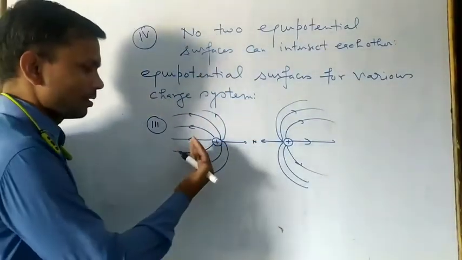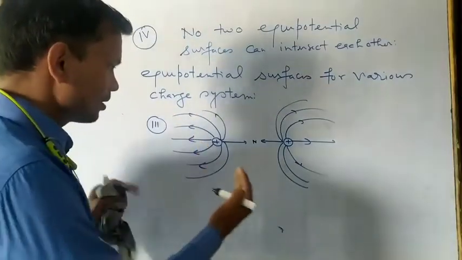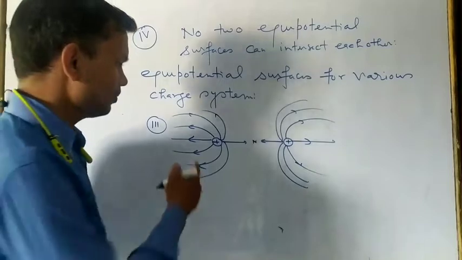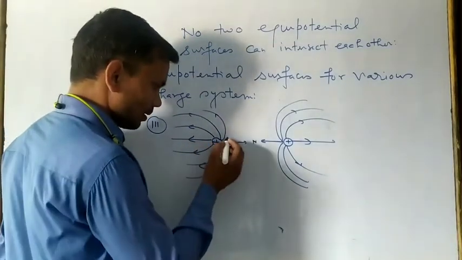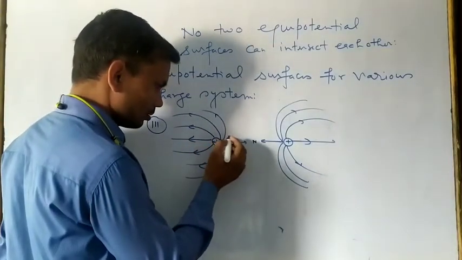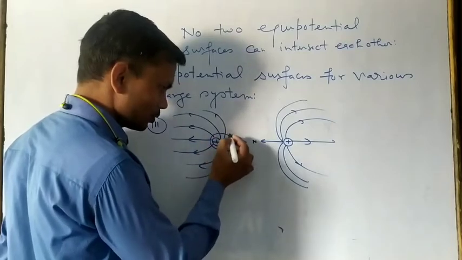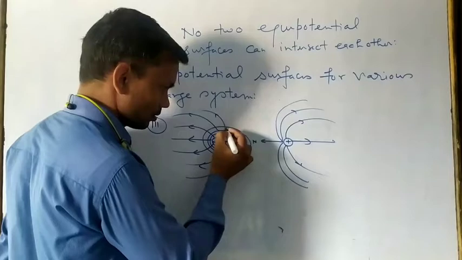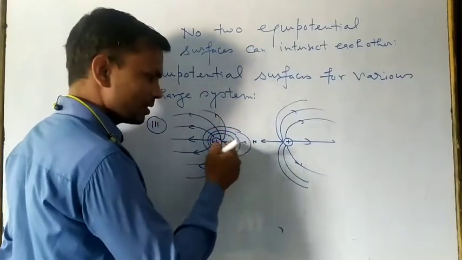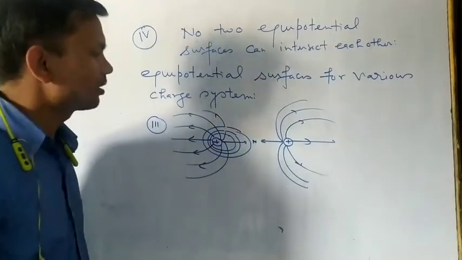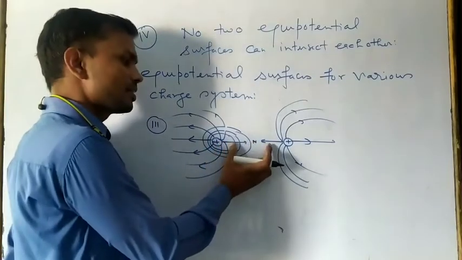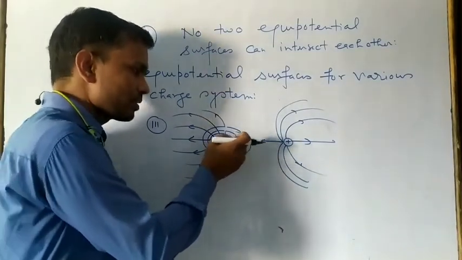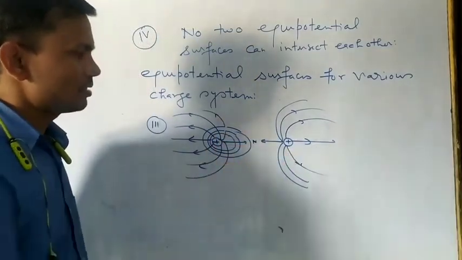Here you have to see, on the left-hand side the electric field lines are very close to each other. Therefore in this region the equipotential surfaces are closer to each other. But in this region there are very few electric field lines, meaning a weak electric field region. Therefore the distance between the equipotential surfaces increases.